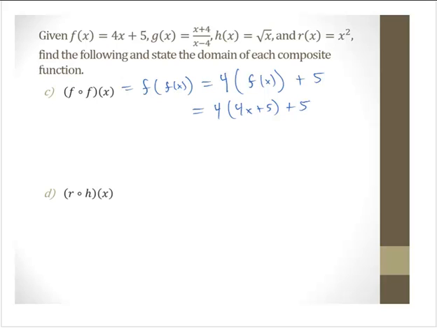Now if we look at this function, there's no divisions to be worried about. There's no square roots to be worrying about. So this will give us a domain of all real numbers. So we have 16x plus 20 plus 5, 16x plus 25 is f composed f of x. And the domain is all reals, negative infinity to infinity.